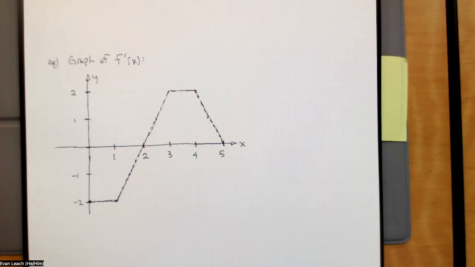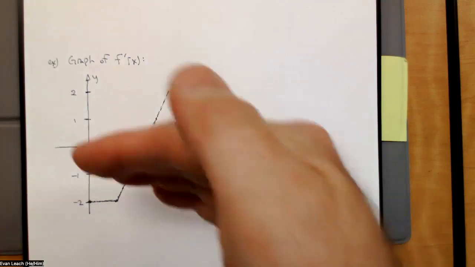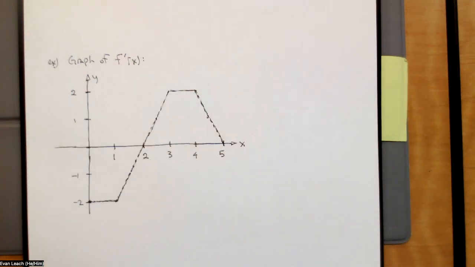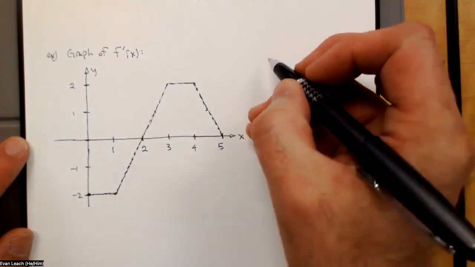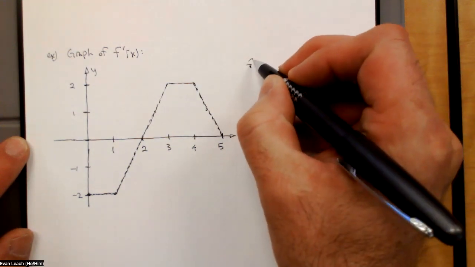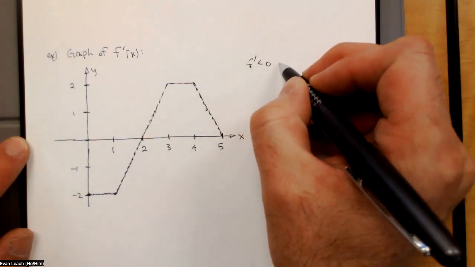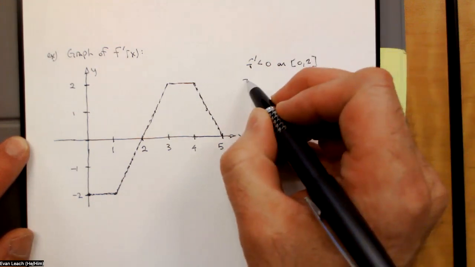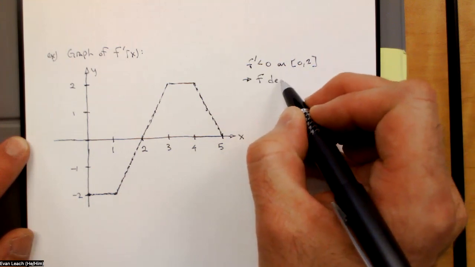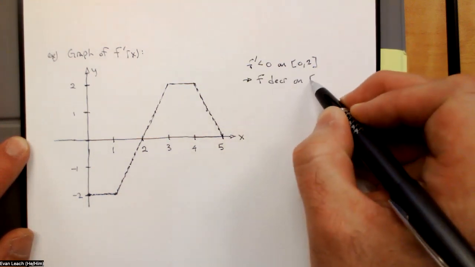I see that f prime is negative from 0 to 2, because the derivative is just below the x-axis. So first observation, f prime is negative on the interval from 0 to 2. So that tells us that f is decreasing on the interval from 0 to 2.